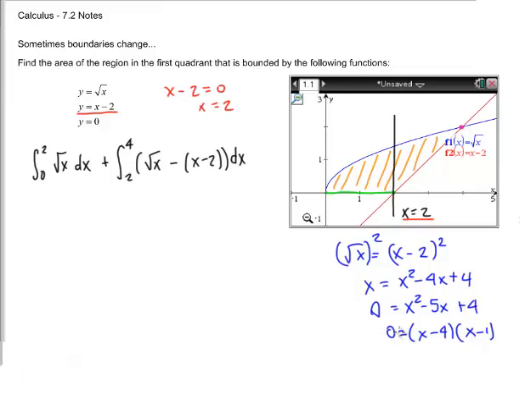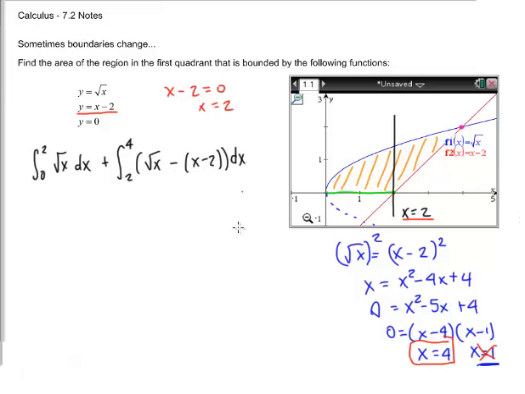The only point of intersection that we're going to see is at 4 because of where we're located on the x-axis. Keep in mind this square root graph curves around the bottom down here. And so if we were to continue that graph, that's where this 1 comes from. But for our purposes, the 1 is not going to be included, just the 4.